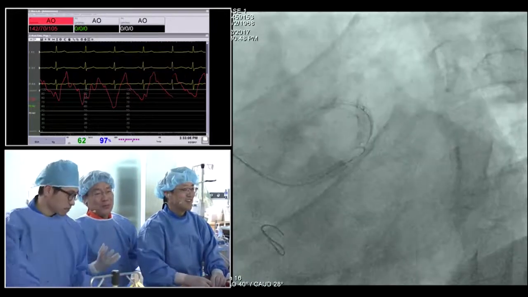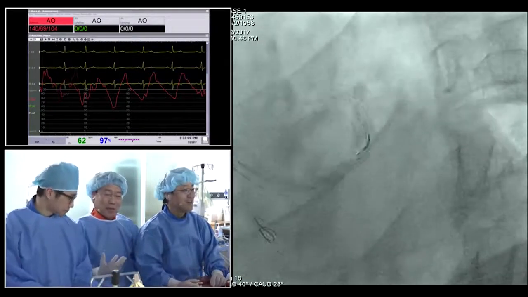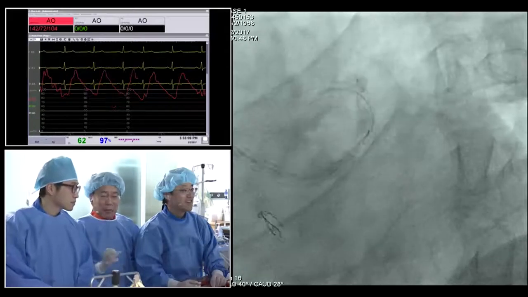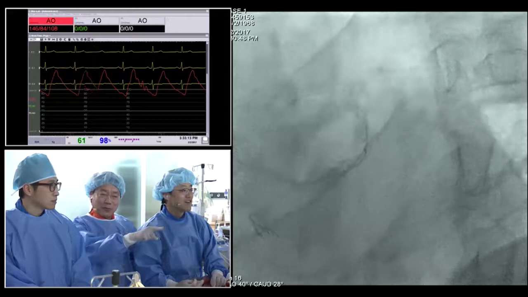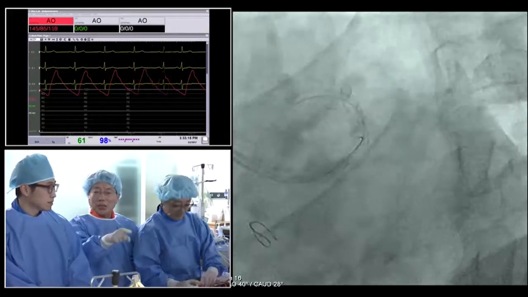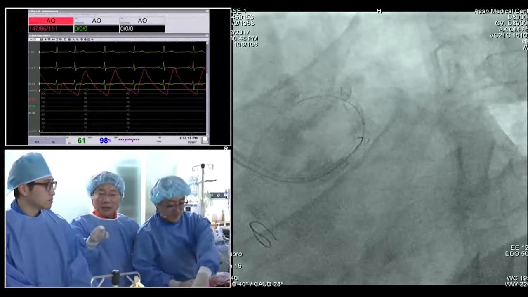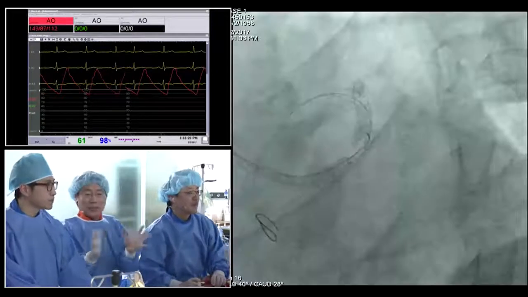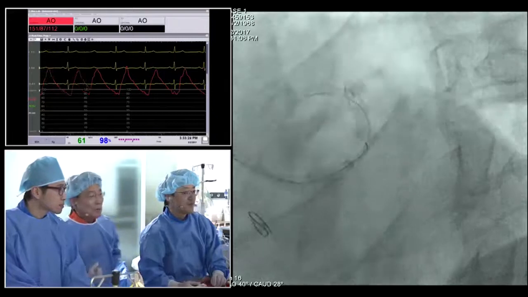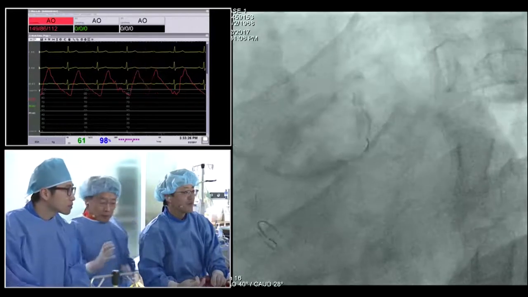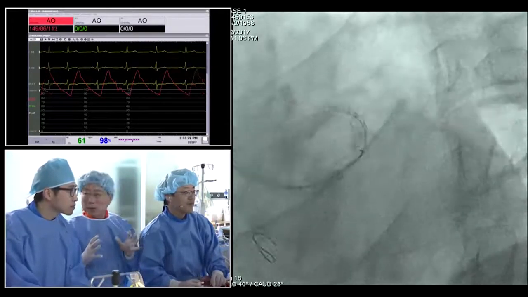We have a lot of data in terms of the main PCIs from the first generation of drug-eluting stent, Cypher, even Taxus. I don't like Taxus, right? With the second generation of drug-eluting stent, we didn't see any difference in terms of the main PCI. The reason why, you know, the main vessel itself is a pretty big one, right?